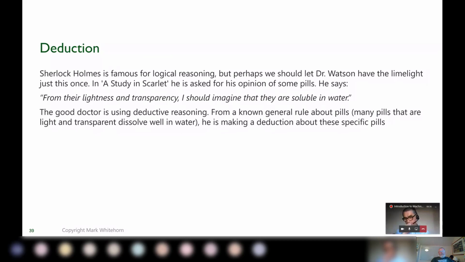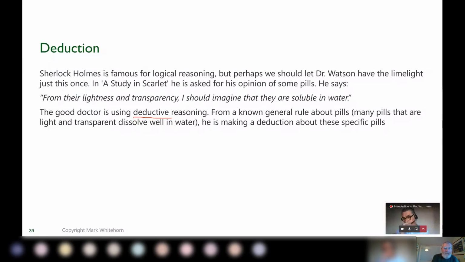Now, Sherlock Holmes is famous for logical reasoning. I thought we'd give Dr. Watson the limelight for once. In a story called A Study in Scarlet, he's given some pills. He looks at them and he says, "From their lightness and transparency, I should imagine they are soluble in water." Now, what he's using there is what is called deductive reasoning. What do I mean by that?